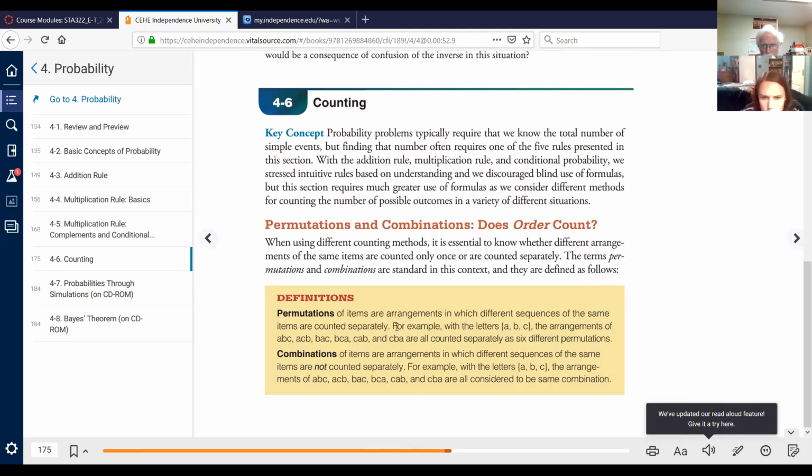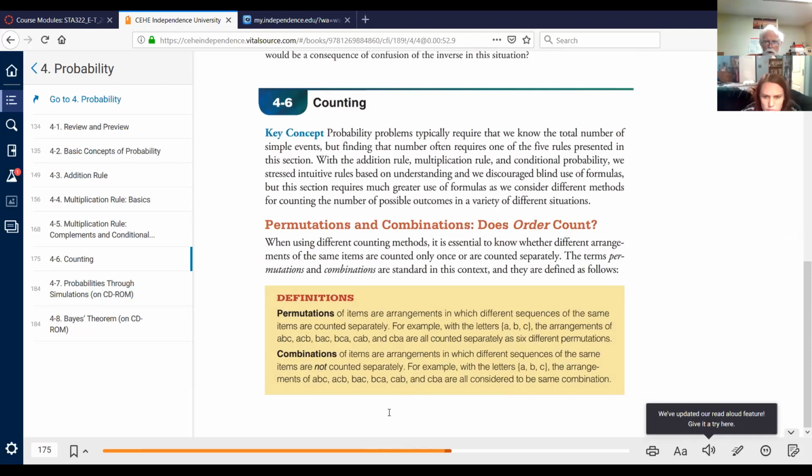So the permutations of the letters ABC means how many different arrangements can you make? And combinations are just how many combinations can be put together, meaning if you had the alphabet, how many combinations of 3 letters, irrespective of order, could be put together.